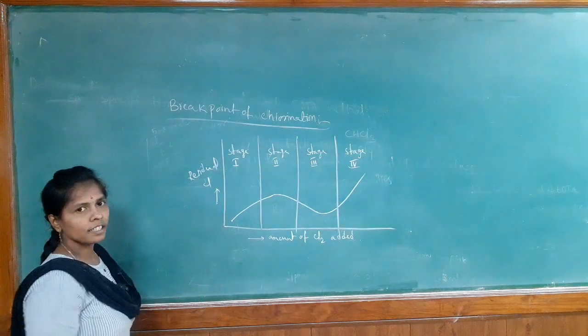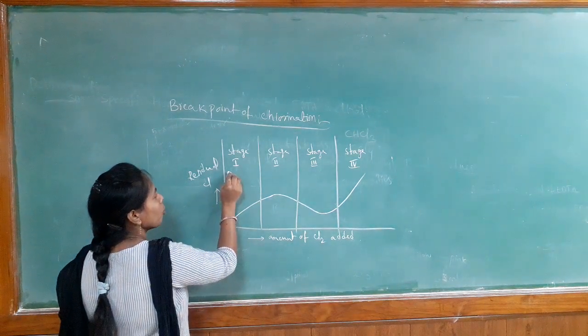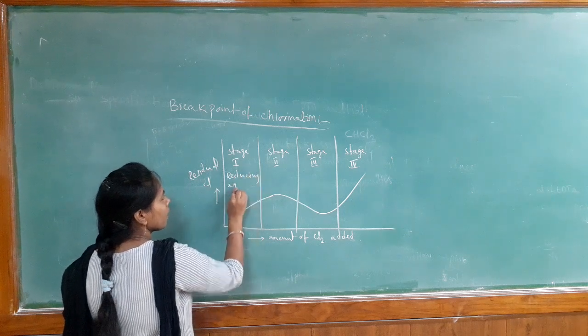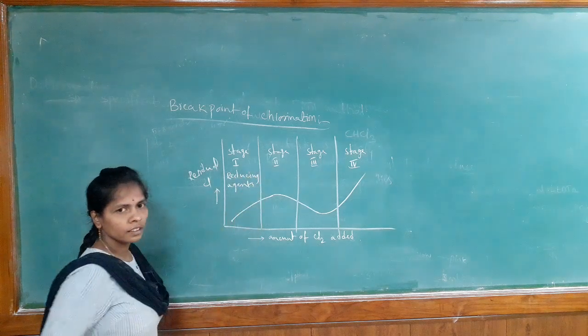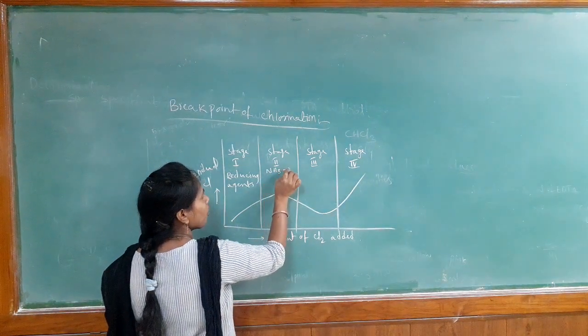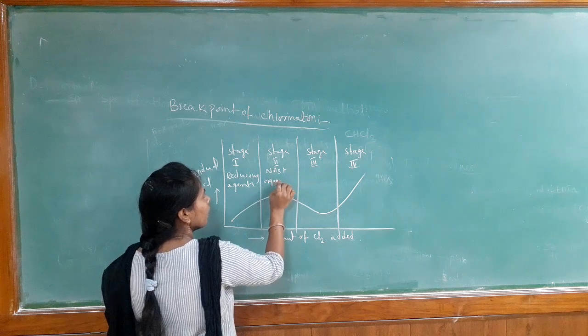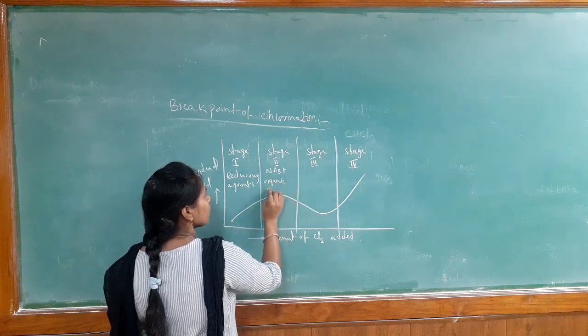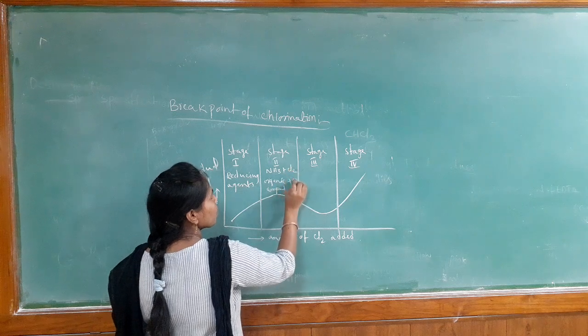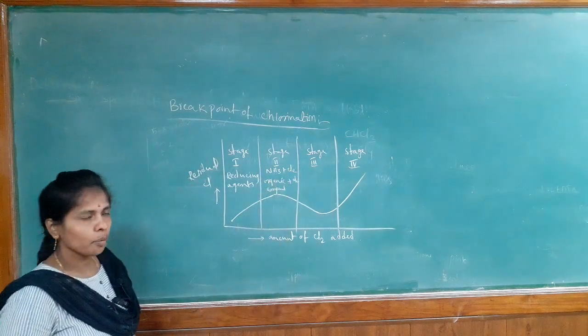So what happens in stage 1? Removing reducing agents. Second stage, it is reacting with ammonia and organic compounds or organic impurities and producing chloramine and the chloroorganic compounds.